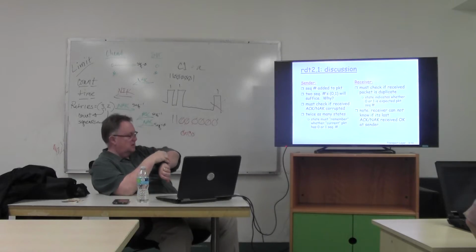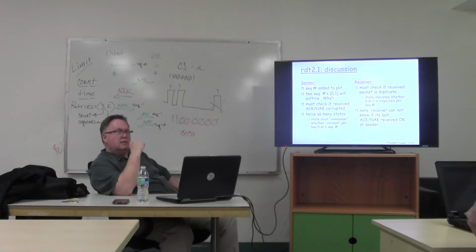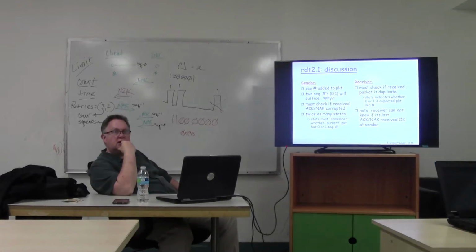Make sense? So now it resends the packet, but it's resending the packet in error because there was a bit error on the ACK that changed it to a NAC. And now the receiver gets the same packet twice. So we want to make sure that that receiver end can also handle, understand, and take action on duplicate packets.